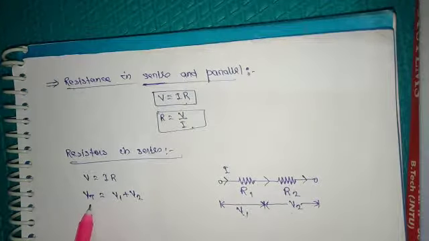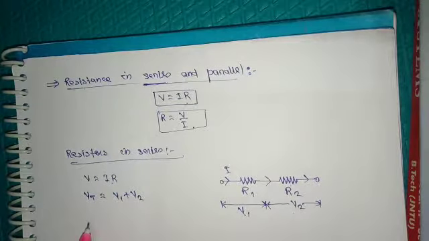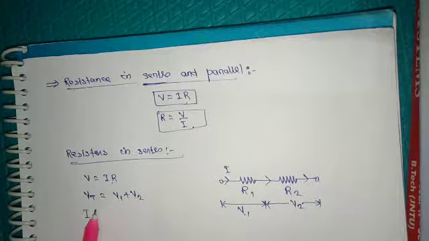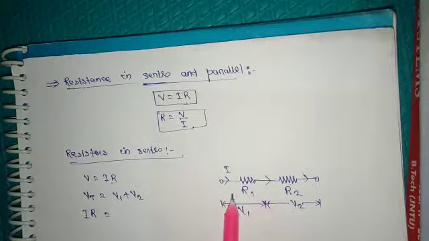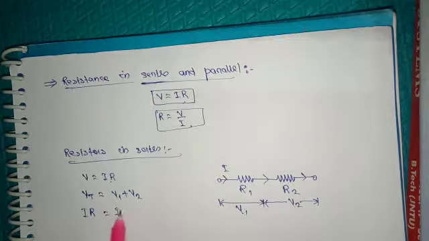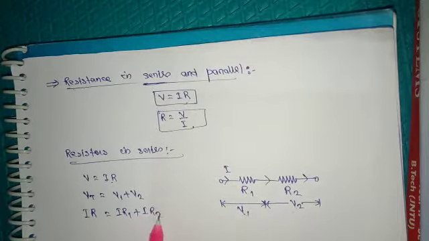So VT, using V is equal to IR, and since the current is the same, is equal to IR1 plus IR2 from Ohm's law.